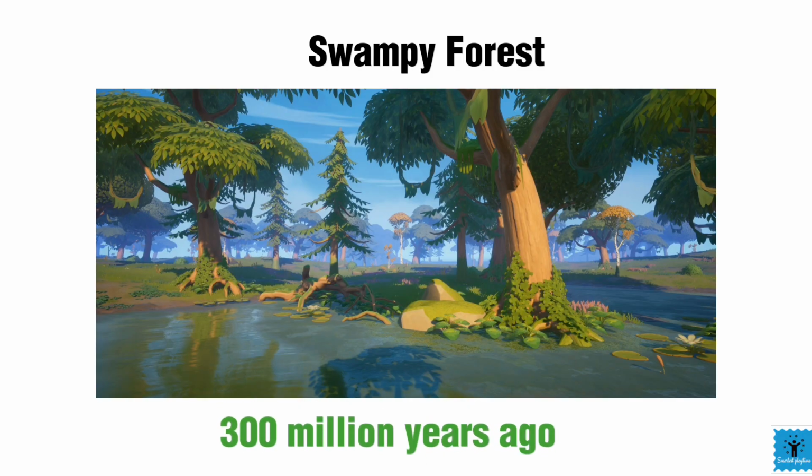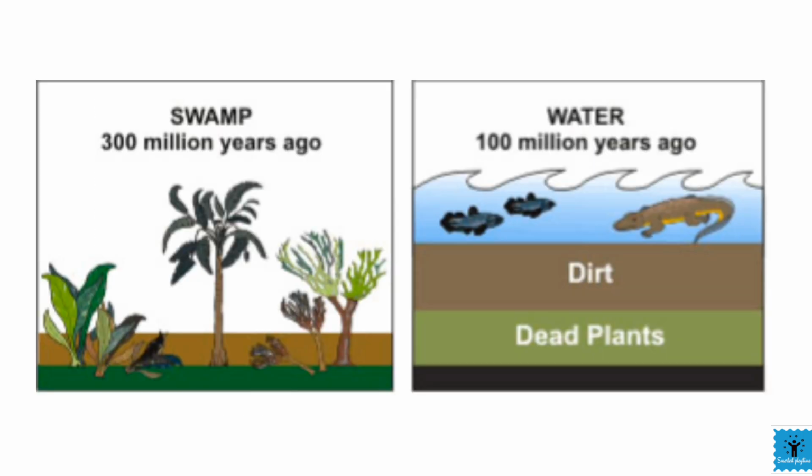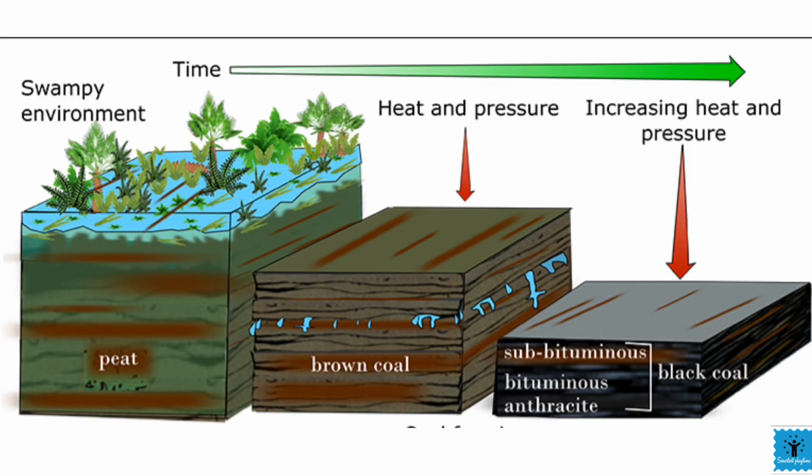When plants in these forests, especially trees, mosses, ferns and reeds, died, they fell into the swamps, due to which a thick layer of dead vegetation formed in the swamp. As years passed, more and more plants died, and many such layers were formed, one above the other.